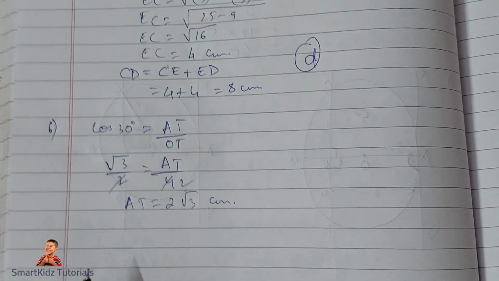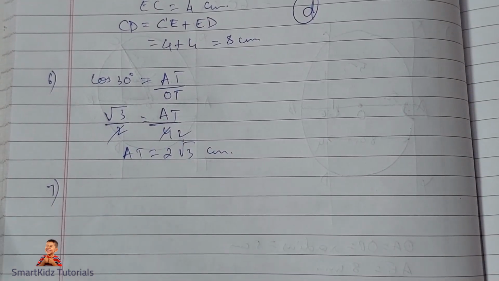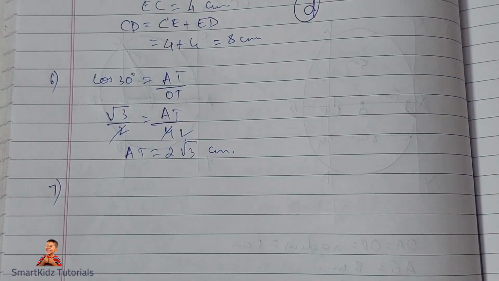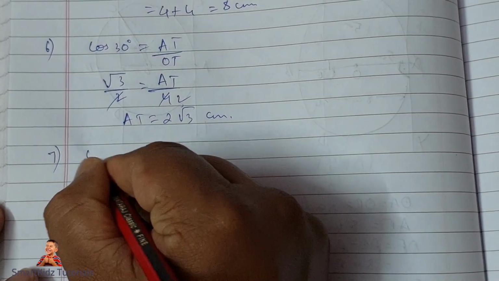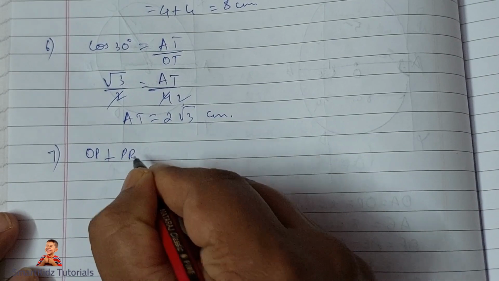Let's do that. Take question 7. We have right over here OP perpendicular to PR.